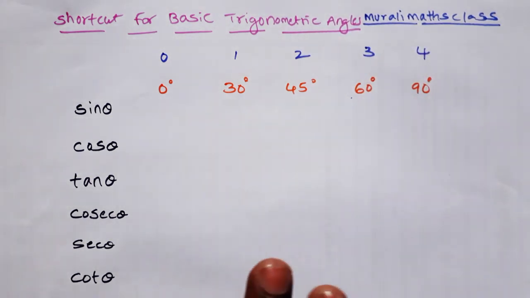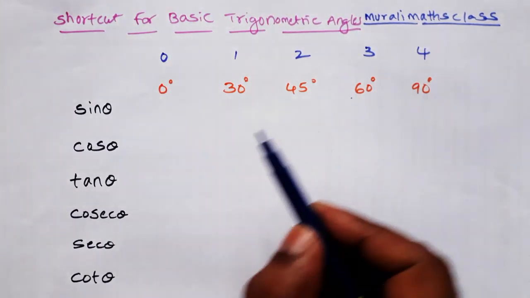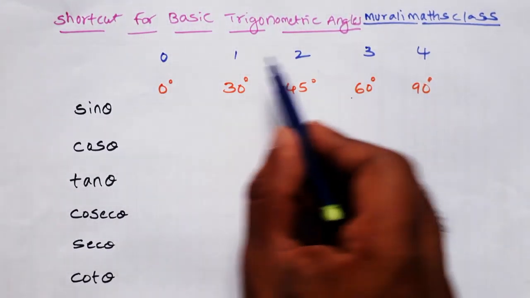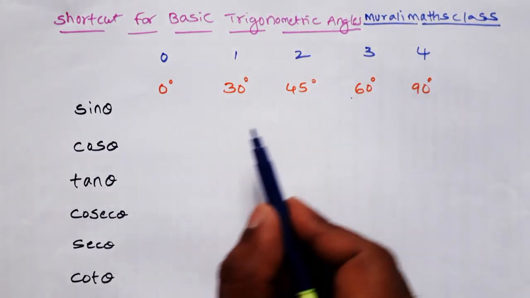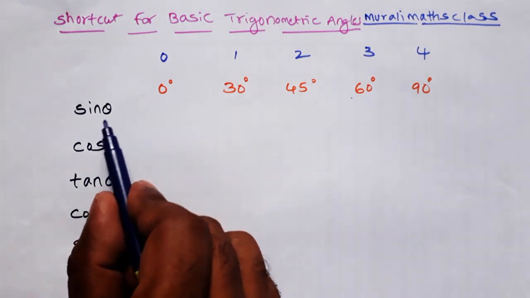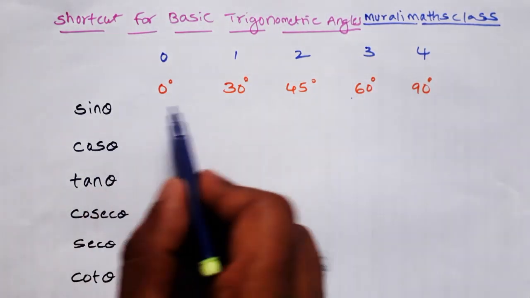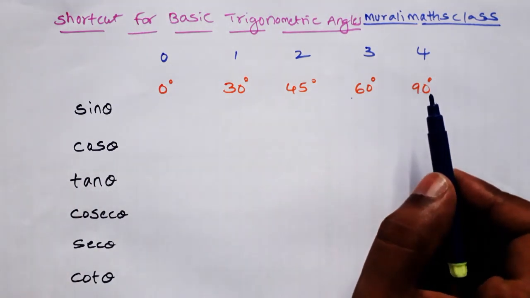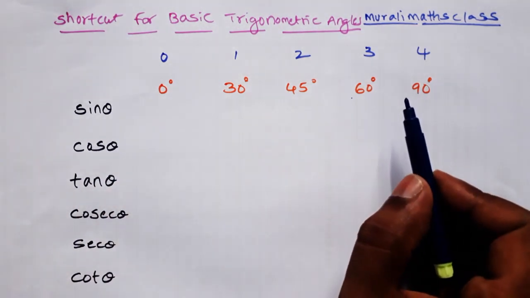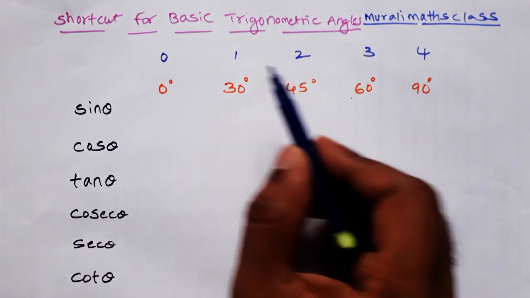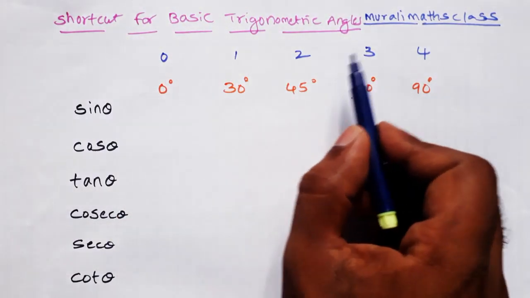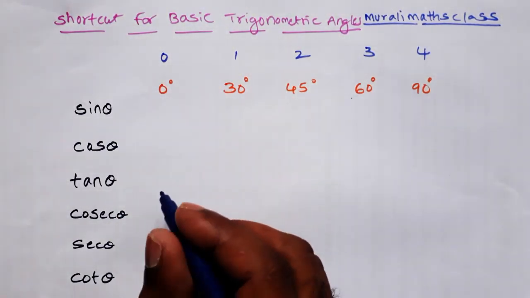So the first step is write whole numbers. What I am doing here is finding the answers for sine 0, sine 30, sine 45, sine 60, sine 90. That's why I am writing here 0, 1, 2, 3, 4. Okay. Now observe here.